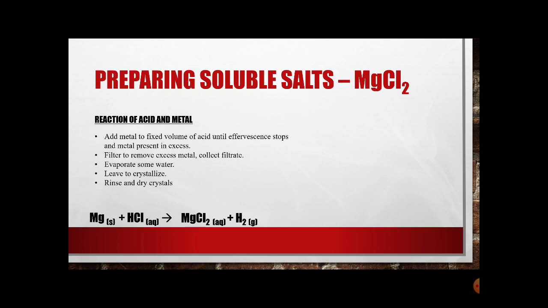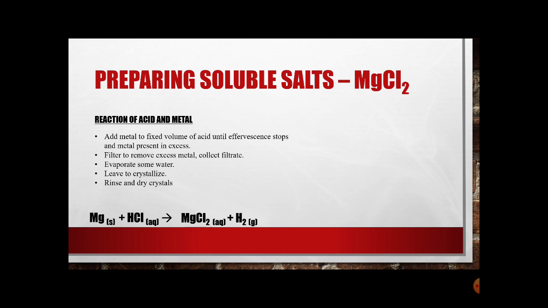A salt can be prepared by reacting an acid with a metal. The acid chosen must have the appropriate anion, and the metal must be one to produce the appropriate cation.